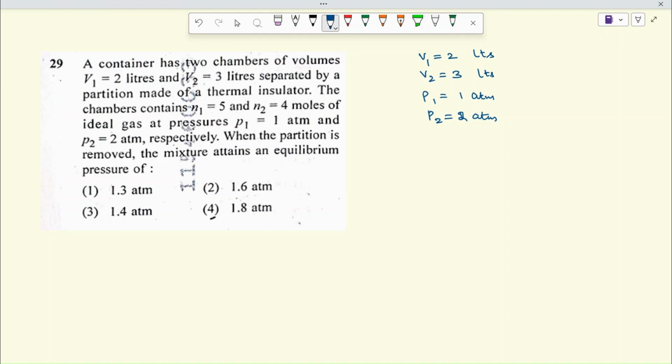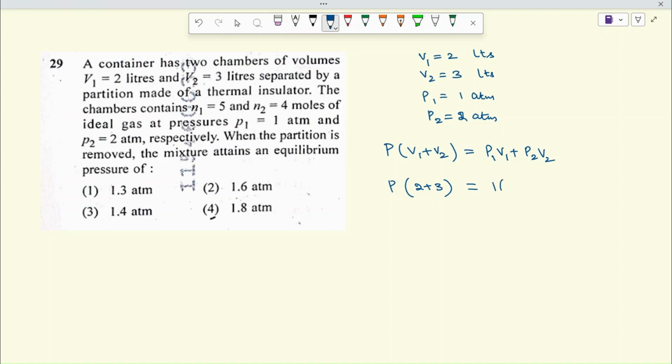When the partition is removed, the mixture attains an equilibrium pressure of... So you know the final pressure is P, let us say, and the total volume is V1 plus V2. This should be equal to P1 V1 plus P2 V2. Now P into V1 plus V2, meaning 2 plus 3 in liters, is equal to P1 V1 on the right side.